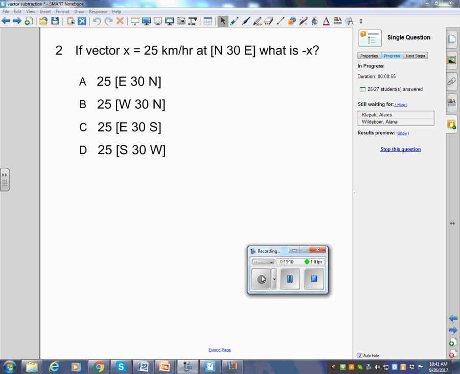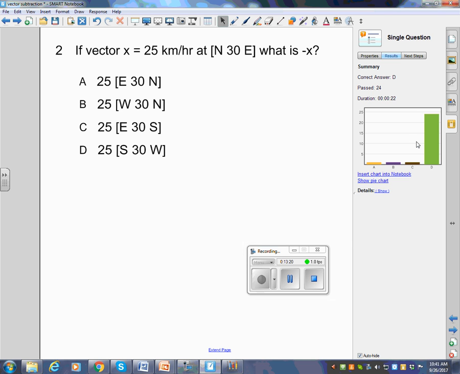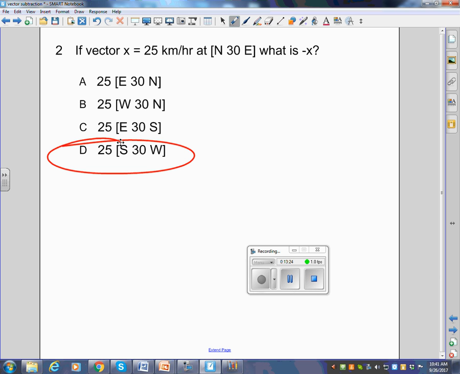And the answer is, almost everyone got it. It is D. Right? So north 30 east, the north becomes south, the east becomes west. Right? You just swap them. South 30 west. If you got that wrong, make sure you try to figure out what you did.